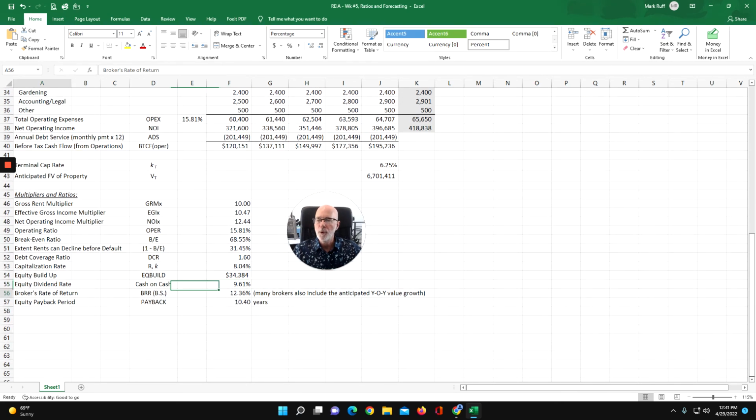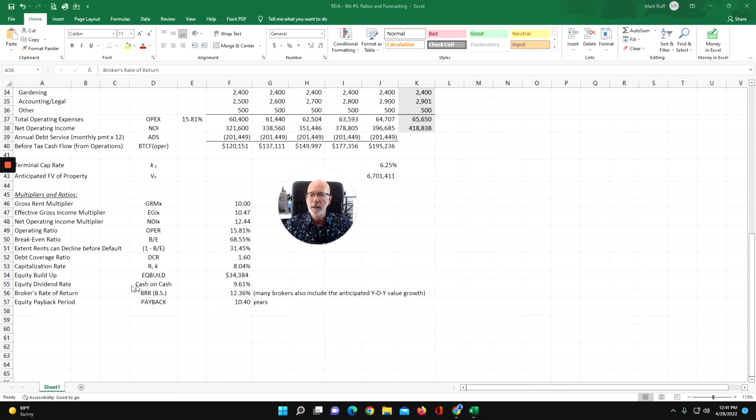Right? The broker's rate of return, very kind of an interesting metric. I said that the broker's rate of return can be called blow us, smoke us, because the broker is trying to inflate these return numbers in order to make the deal look better on the face of it than it might be. So in this regard, the broker's rate of return is a 12.36, which includes this equity buildup.